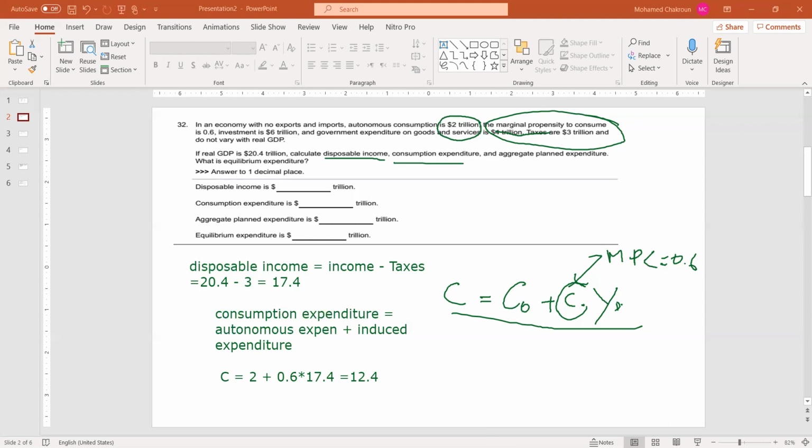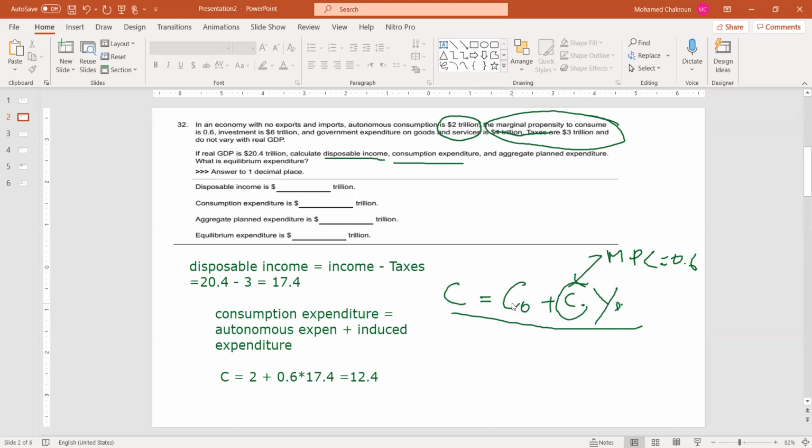It's very important. Otherwise, you'll get zero if you aren't careful about this particular information. So remember that this is the consumption function.